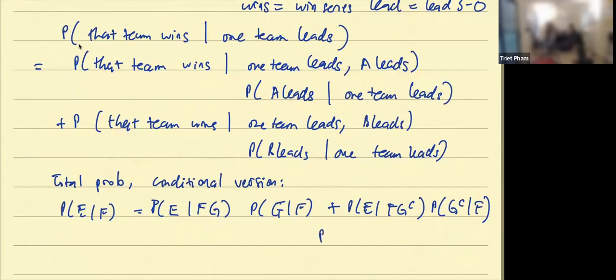So for example, it's P cubed over P cubed plus 1 minus P cubed.